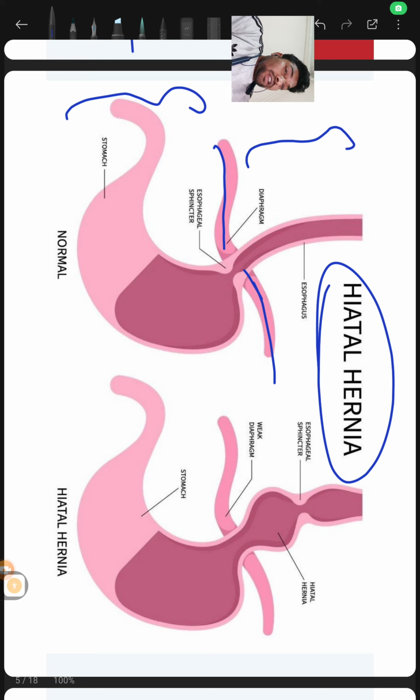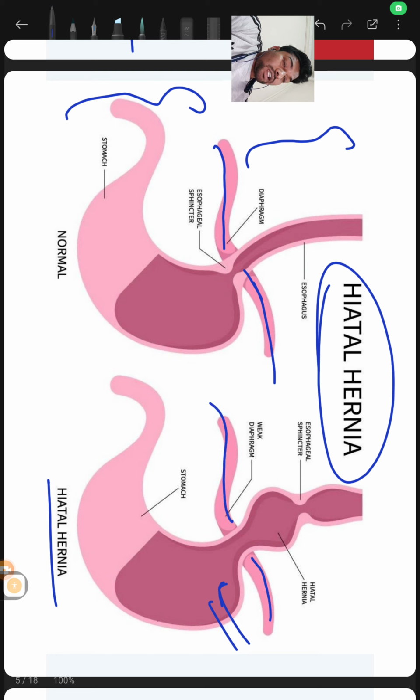Now in hiatal hernia, some of the upper part of the stomach is shifted above the diaphragm. So here the diaphragm is, and in normal conditions the stomach starts below the diaphragm, but in hiatal hernia the upper part of the stomach is shifted upward, above the diaphragm.